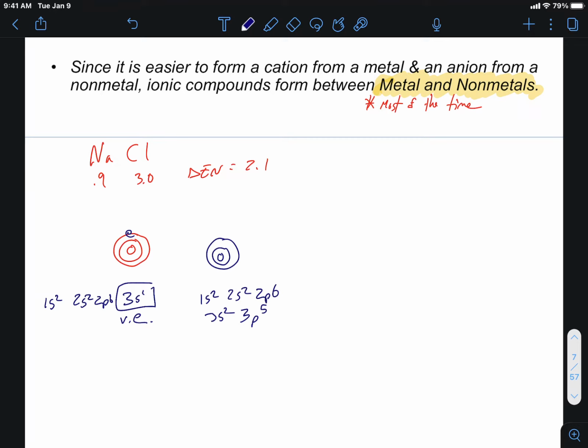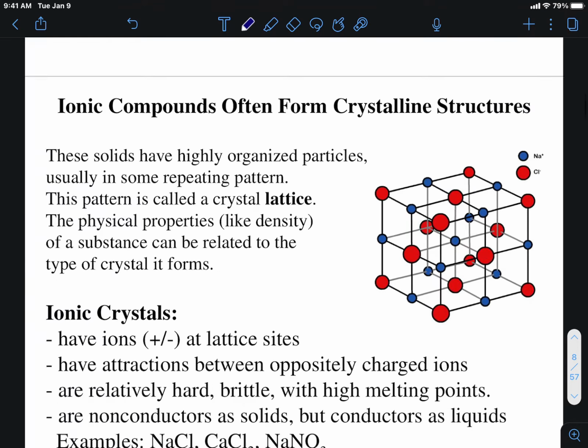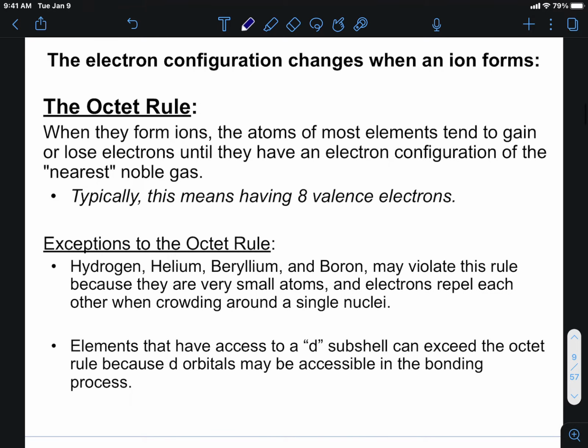So there's this rule called the Octet Rule. And actually, it might even be on the next slide. Yeah, I'm jumping down here for a second, guys, then I'm going to jump back to that picture. There's this rule called the Octet Rule. And it states that when they form ions, atoms will gain or lose electrons until they have the electron configuration of the nearest noble gas.